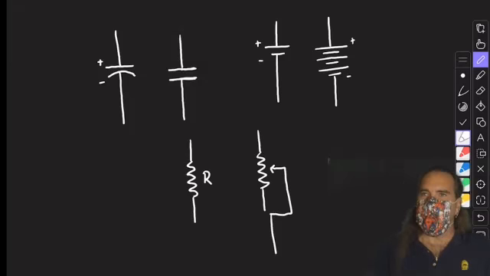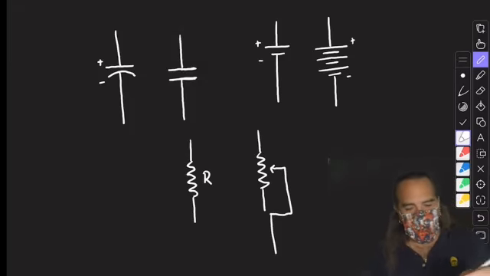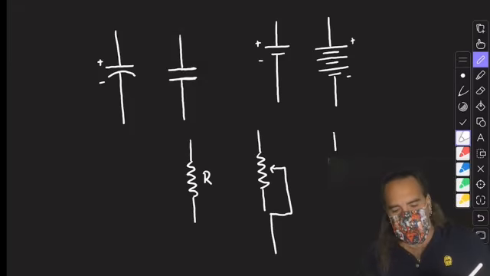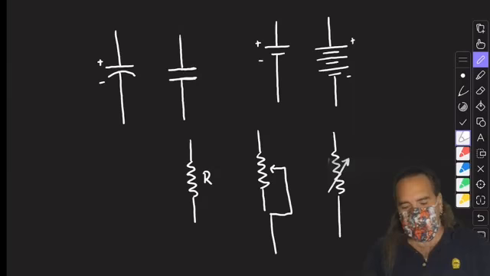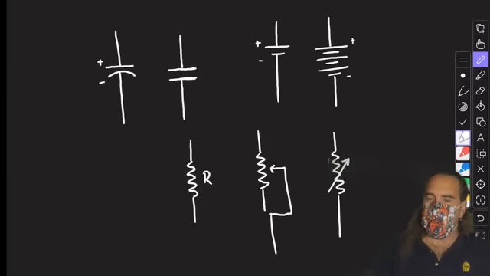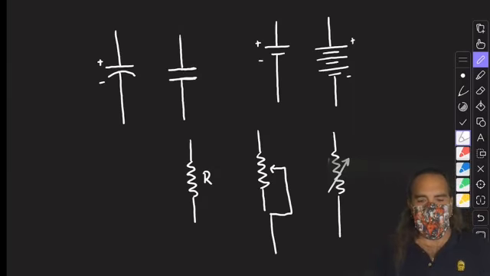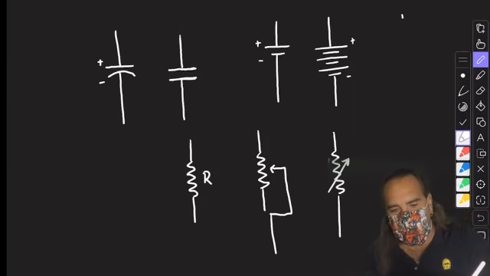A variable resistor looks something like that, because generally variable resistors can have 3 leads, but some of them only have 2 leads. So a 2-lead variable resistor will probably look like this. When I say leads, these are points of connection. There are other symbols we will be using this year as well.